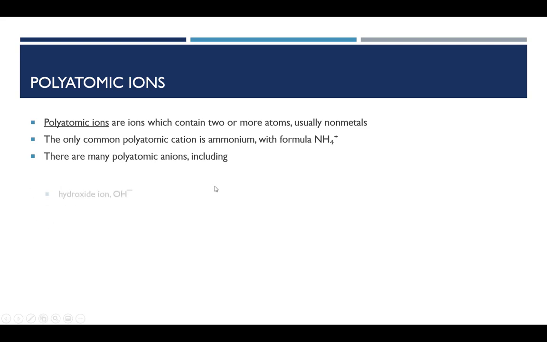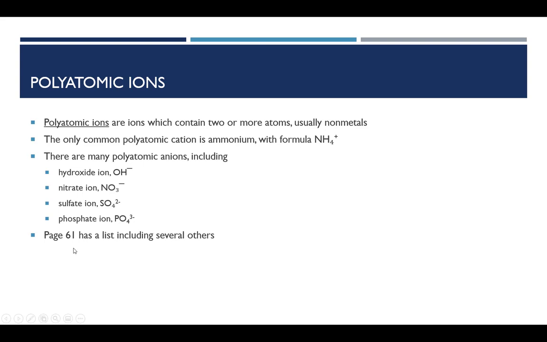And so there are many of these, some of which I imagine you've heard of by now, the hydroxide ion, the nitrate ion, and the sulfate ion being just among the more familiar, as well as phosphate. And page 61 in the lab manual has a fairly good list of some of these ions.